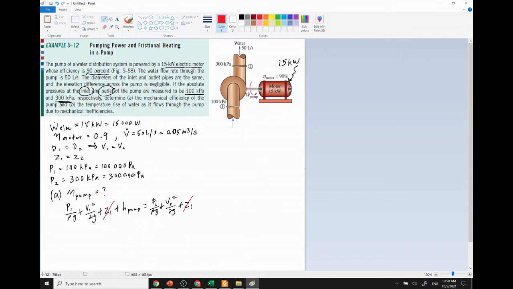We also know that the velocity is the same because of the same diameter, so that also cancels out. So we are left with P1, P2 and H pump. So H pump equals P2 minus P1 over rho G.